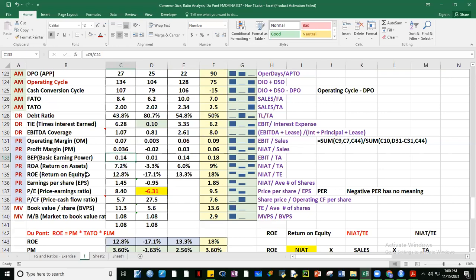Okay. Then we have yung mga returns, ROA and ROE. Yung mga returns yan, guys, it's always based on the net income after tax. Yung FATO naman naka-base sa sales. Kunyari, yung TATO, it's sales over total assets. Ito namang return on assets, it's net income after tax over total assets.